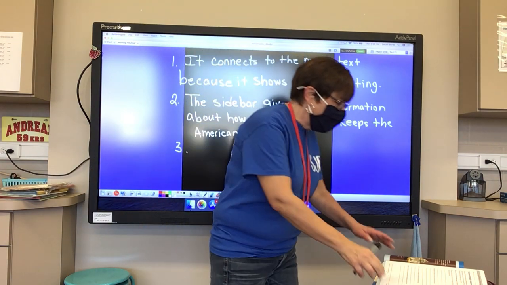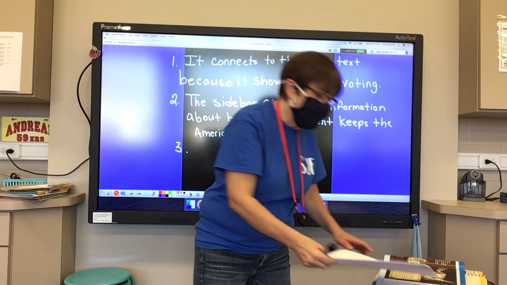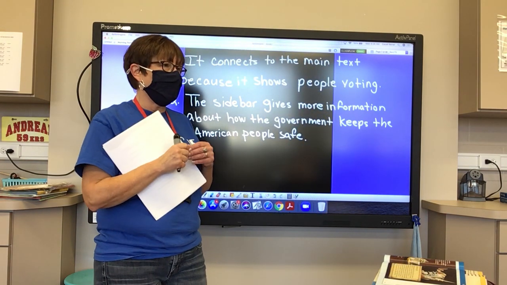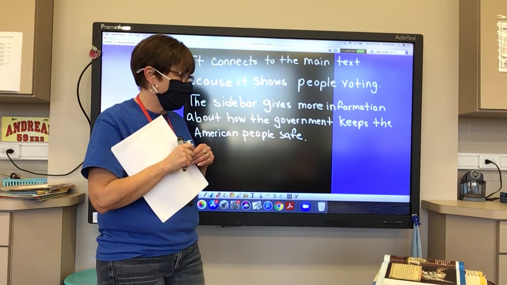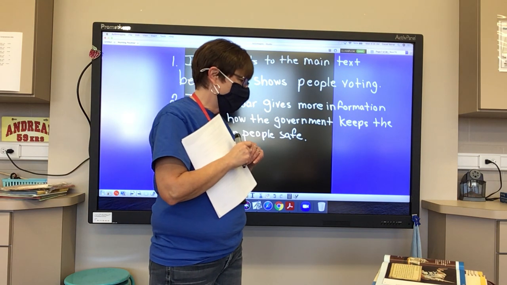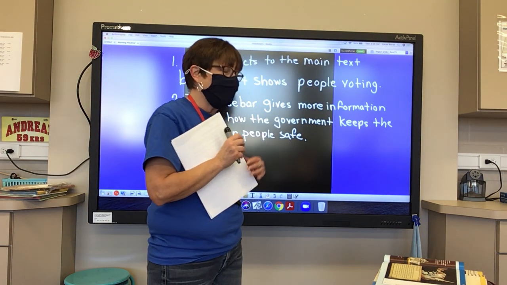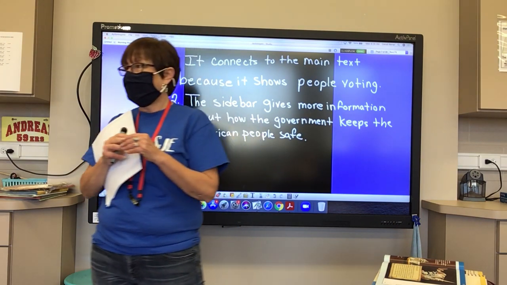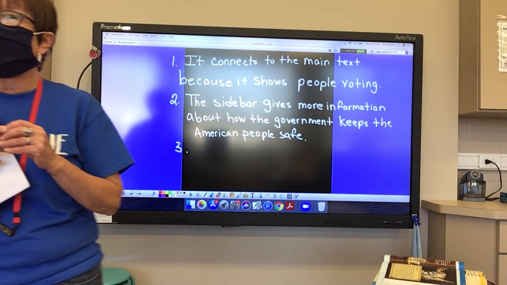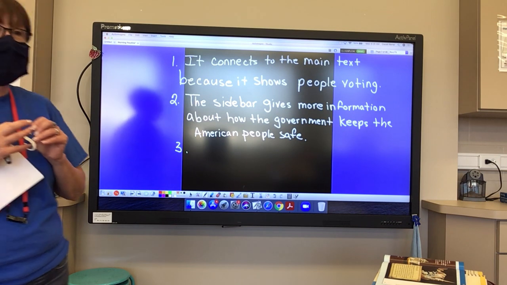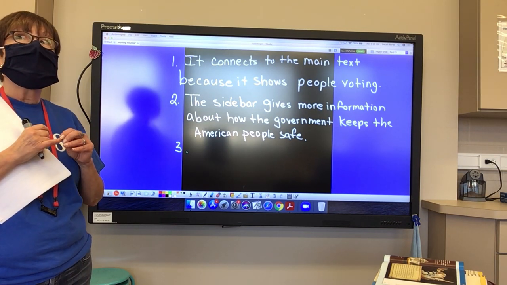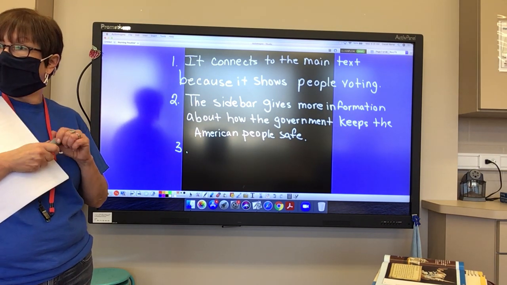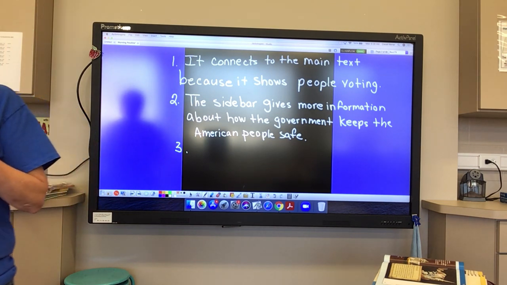Okay, now let's go to the diagram on page 238. We're going to have to look at that diagram. What do the labels tell about? So we're going to look at the labels on page 238. That is a diagram. And what is that about?